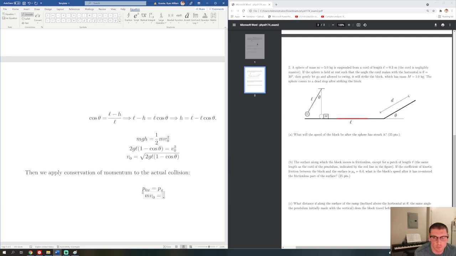Obviously, in general there can be more, it wouldn't be surprising if there are two terms for a collision involving two objects, but just because of the way the problem is stated. And let's just say that this is equal to big M, and I'll write big V naught, right? So then just plug in what v naught is. It's all this.